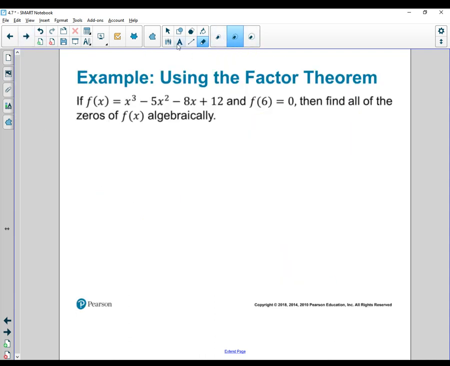Okay, let's do one more. So if f of x equals x cubed minus 5x squared minus 8x plus 12 and f of 6 equals 0, then find all the zeros of f of x algebraically. Well, due to our factor theorem, we know that if f of 6 equals 0, then x minus 6 is a factor.